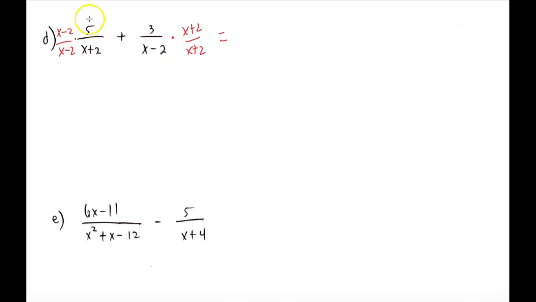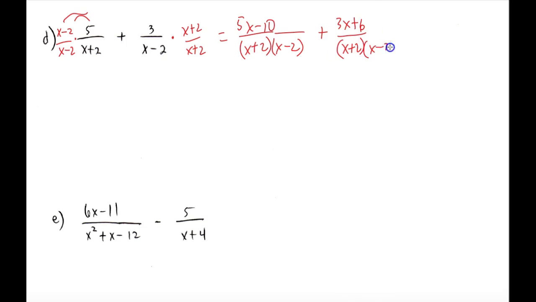So if we do that, distributing both terms here, that will be 5x minus 10 over x plus 2 times x minus 2. And then the other one would be 3x plus 6, all over x plus 2, x minus 2.